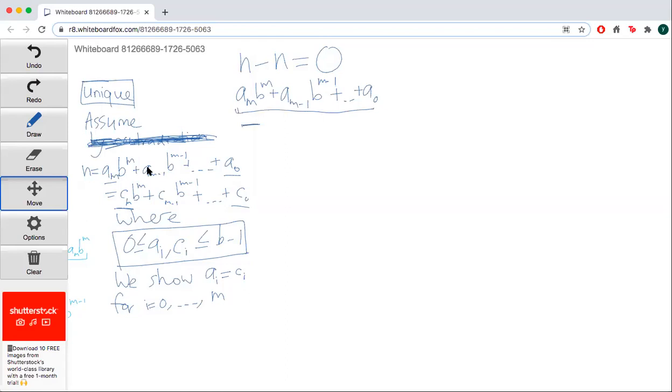So that's going to be this part. Subtracting c_m b to the m, c_(m-1) b to the m minus 1, and then keep subtracting the rest of the number until I subtract the units bit. Okay. So basically, that's the left-hand side. And because I've subtracted the same number from itself, that's all equal to 0.